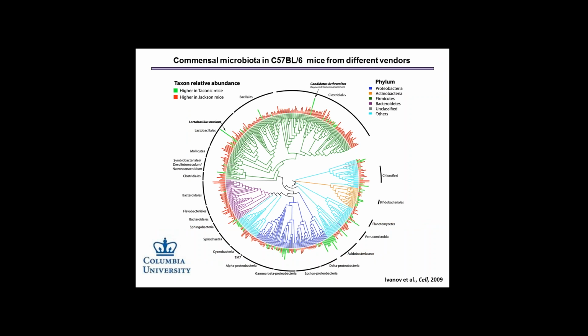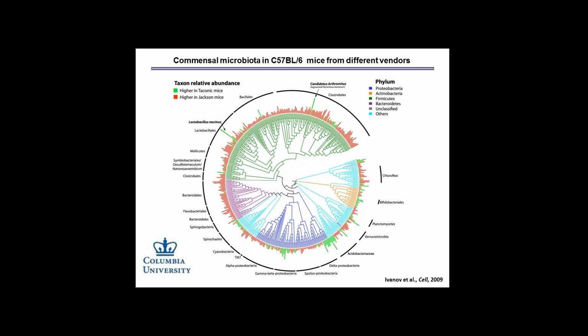So in order to identify these bacteria, we simply compared the microbiota between Taconic B6 and Jackson B6 mice. We used, I believe, 4 mice of each vendor. They are all C57 black 6 mice, and this is a representation of the differences between the two groups.